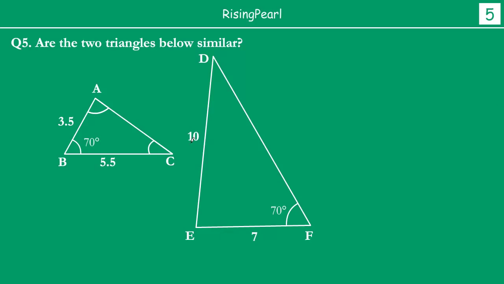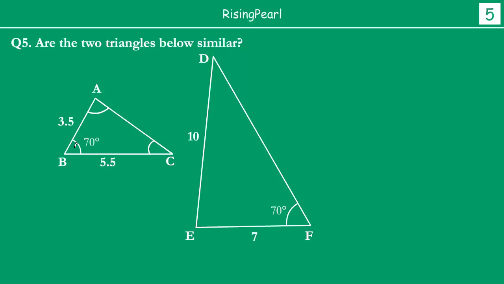So here friends, we have again been given two sides and an included angle. I have two triangles ABC and DEF. The lengths of two sides are given, AB and BC, and the included angle is given. So this is actually interesting. Let's take a look.